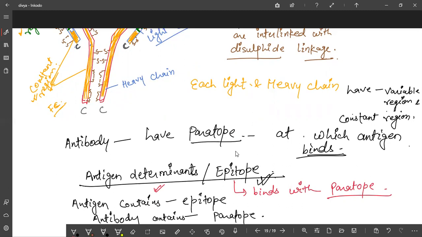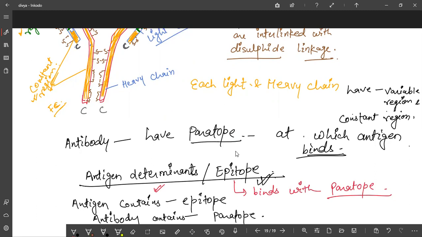So once you learn, memorize this: antibody is proteinaceous in nature, protein in nature. It is produced against antigen. Antibody contains 2 light chains and 2 heavy chains. So how many polypeptide chains are present in antibody? 4 polypeptide chains.